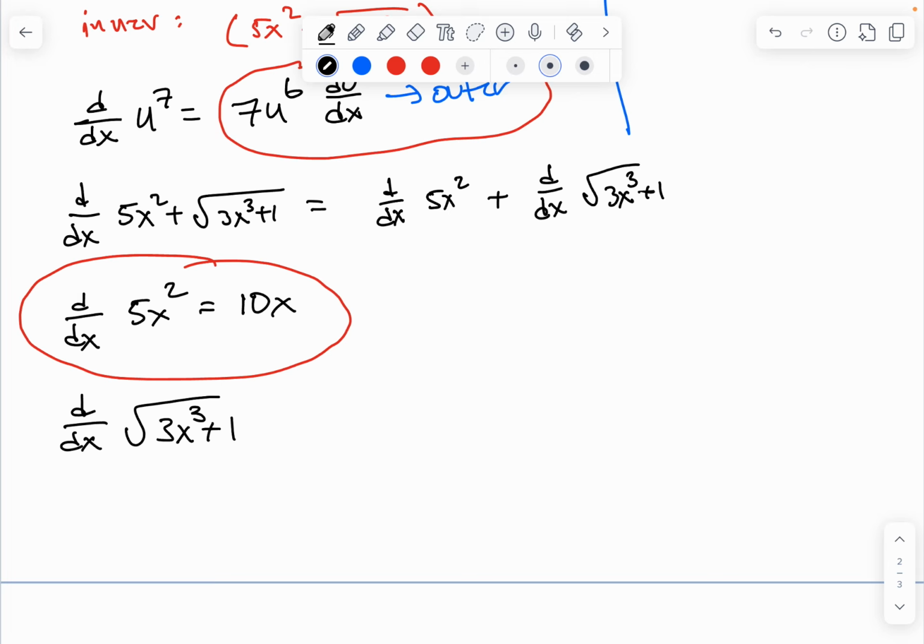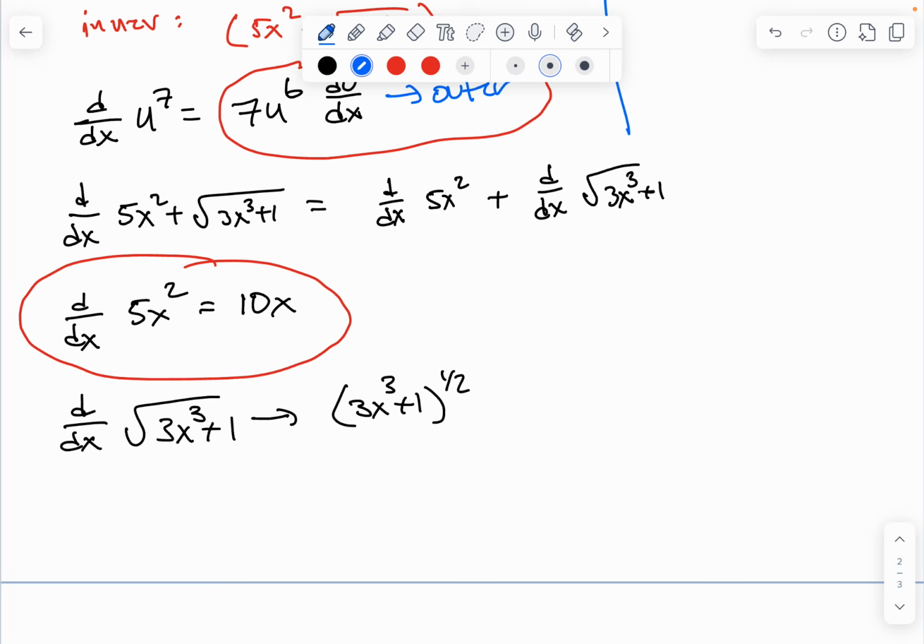Now, this is a little tricky because this is actually another function within a function, because we can rewrite this as 3x cubed plus 1 to the 1/2. Because we have this, we have to apply chain rule again.